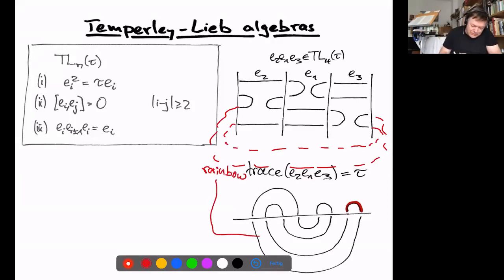And that's the bottom rainbow that I had here. Rainbow, a single nest of stacked arches, and we get a meander. So the question of connectivity in meander diagrams is the question of whether or not the trace of certain products in our Temperley-Lieb algebras is tau.